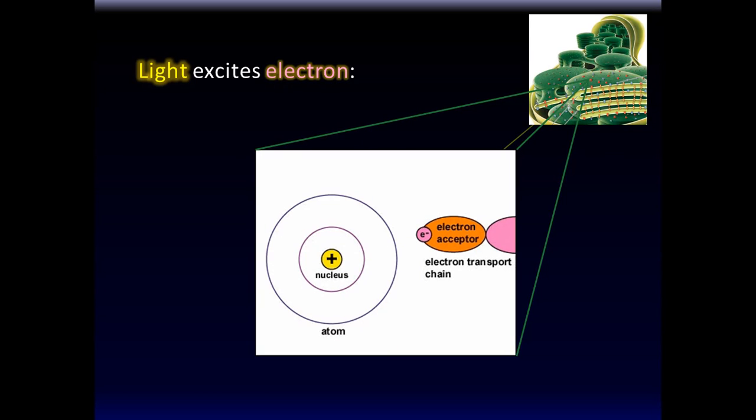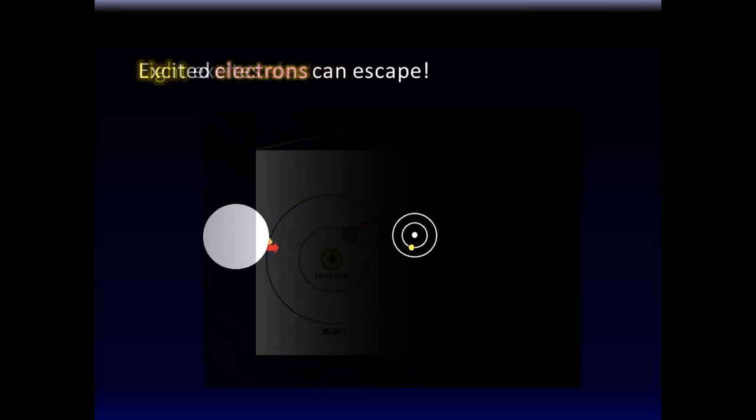That electron becomes like a hot potato. It's got a lot of energy. It's transferred from one place to another, and a lot of work is derived from that little electron. So what does chlorophyll do? The job of the chlorophyll is to trap light energy and give it to an accepting electron, and that accepting electron jumps around like a hot potato, and that energy is used to create high energy compounds.